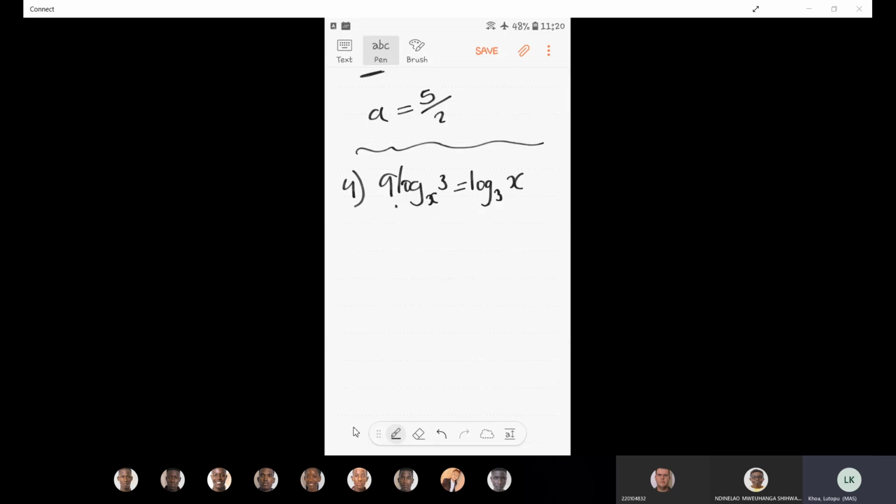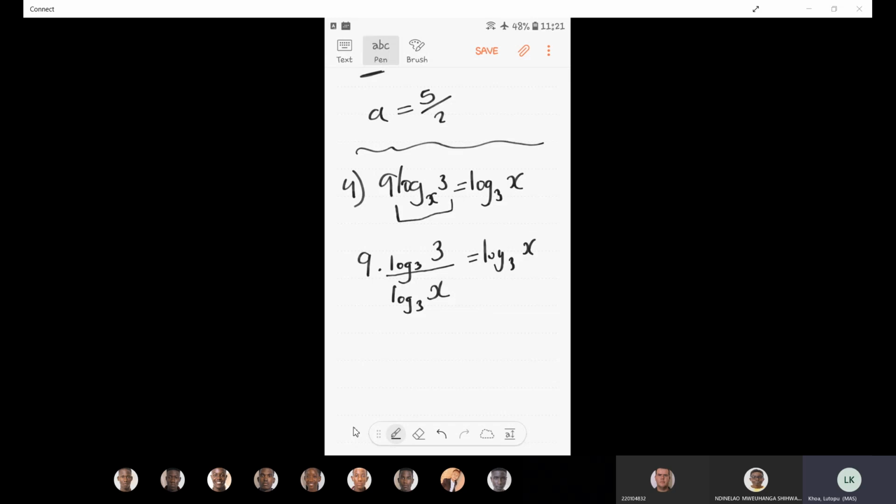So I'm going to change this one to base 3. So I have 9 times, I put my big fraction, log base 3. Then the argument goes to the numerator, then the base goes to the denominator. And this is log base 3 of x, like that.